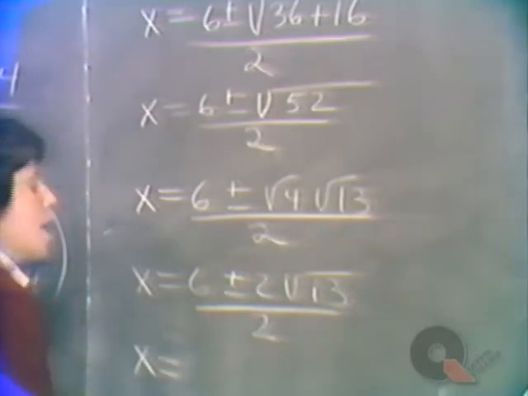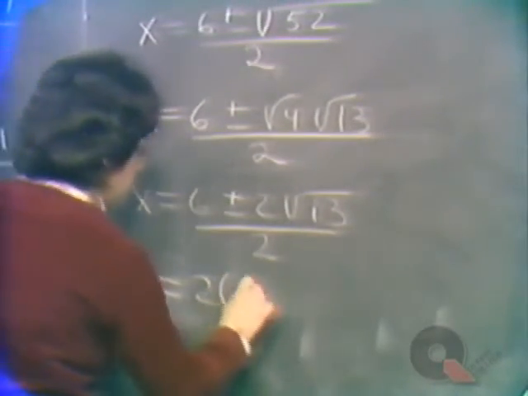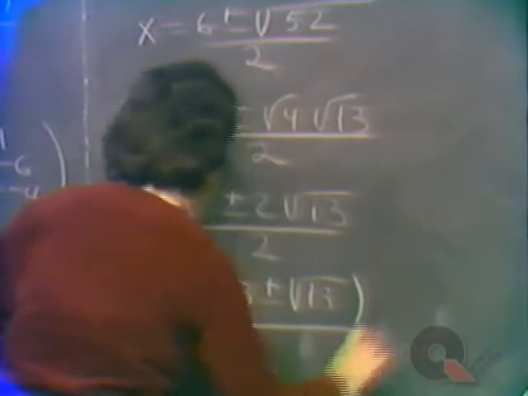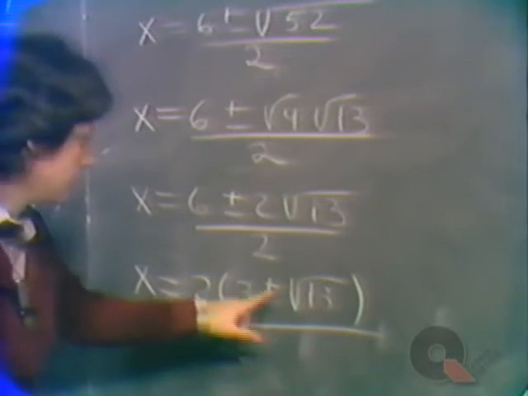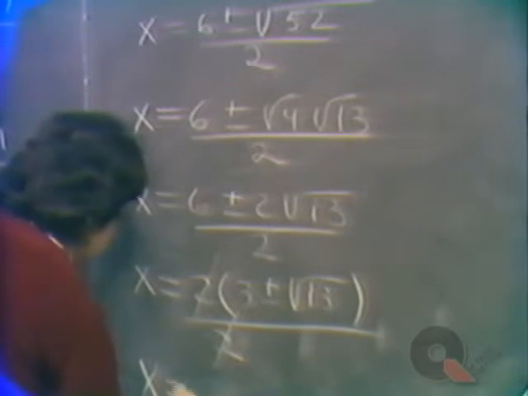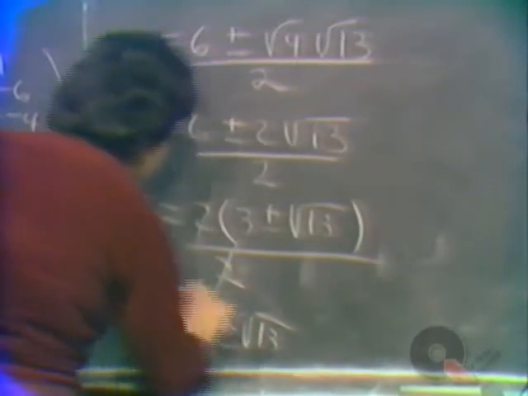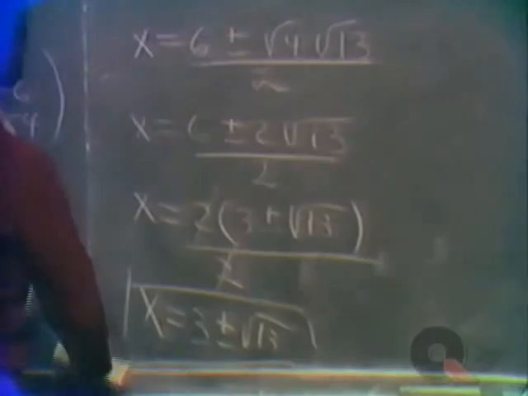We can now on top factor out a 2, leaving us with 3 plus or minus the square root of 13 over 2. We can now cancel the 2's, giving us as a final answer 3 plus or minus the square root of 13. That is 3 plus the square root of 13 and 3 minus the square root of 13.